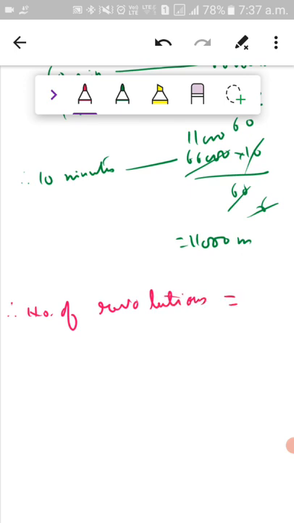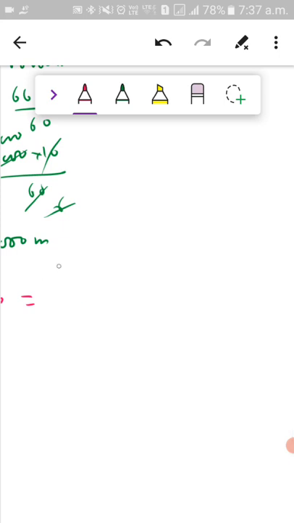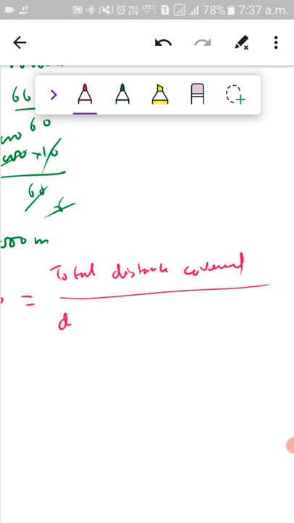That is equal to total distance covered by distance covered in one revolution.